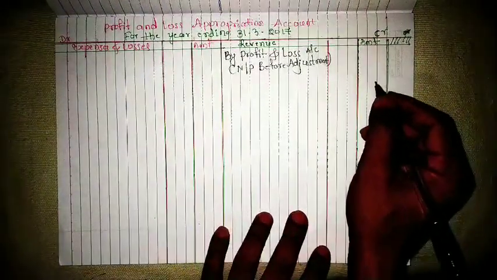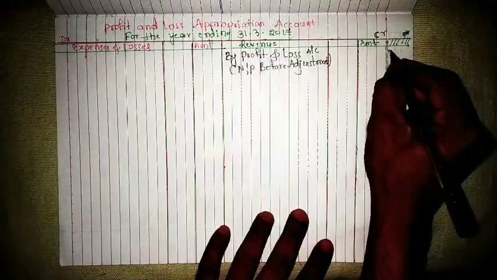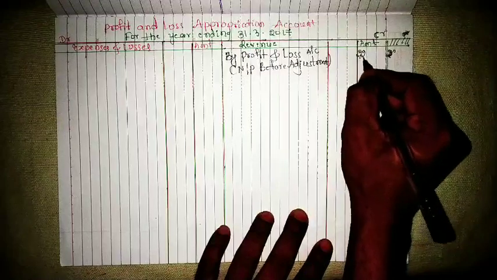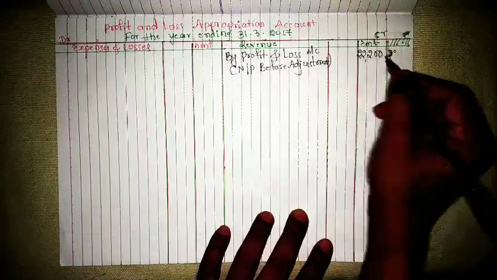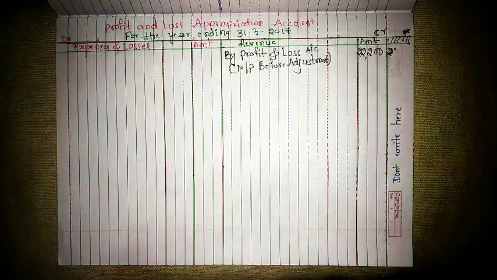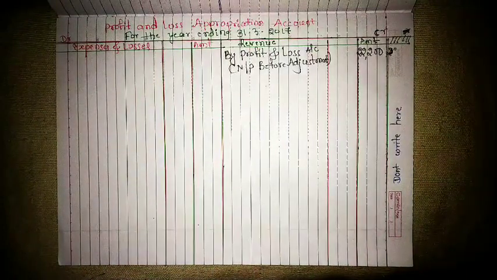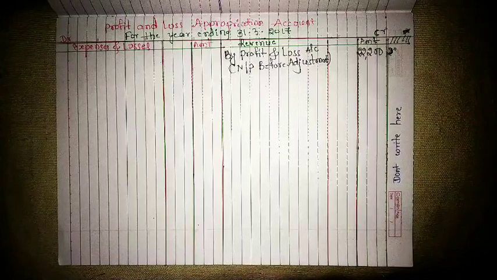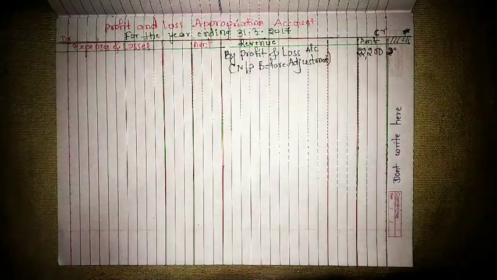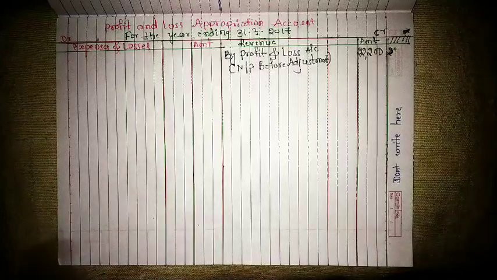What is the before adjustment given in the question? 22,200. Write it. Ready? Everybody written? If your writing is complete, continue.